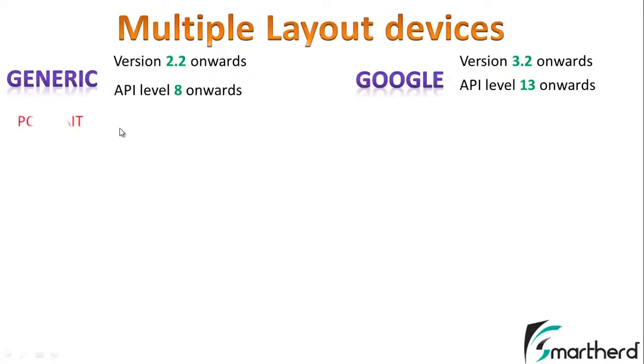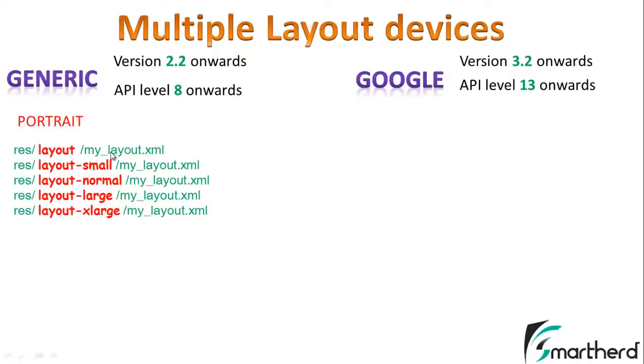Now for the generic phones, for the portrait mode, we have to store our layouts in the respective folders. By default, your Eclipse IDE creates a default layout folder in which you store your mylayout.xml, right? Now apart from the layout folder, you have to manually create layout-small, layout-normal, layout-large and layout-xlarge folders in your Android application project, and you have to design a layout for each of these devices, which is small devices, normal devices, large devices and xlarge devices.